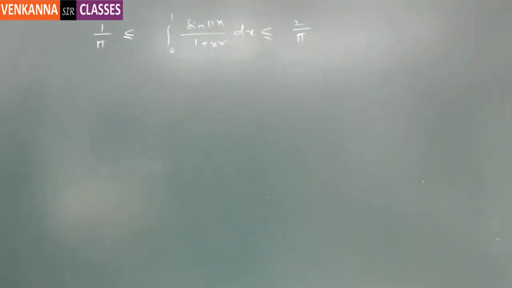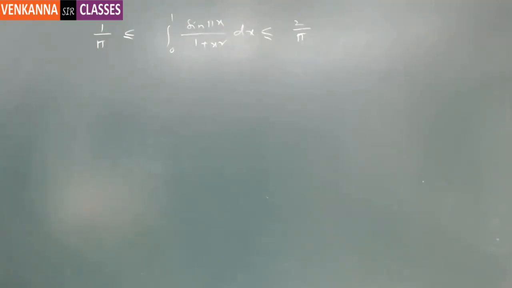Obviously, since it involves the symbol integral, we will have the Riemann integrability concept here, and it involves two functions. One function is sin pi x and another function is 1 by 1 plus x square. So since the integrand contains two functions, we are going to make use of the first mean value theorem.